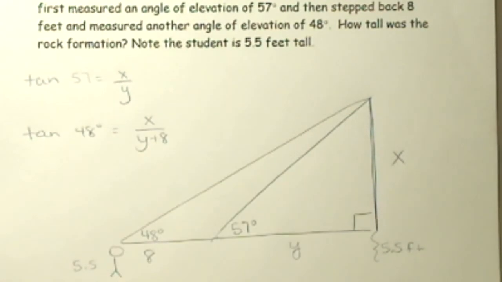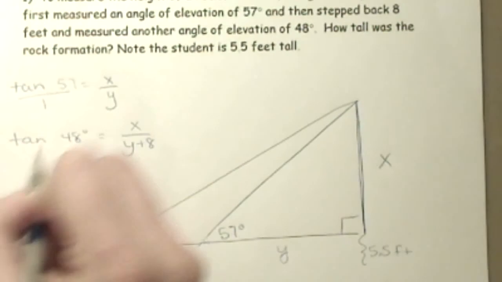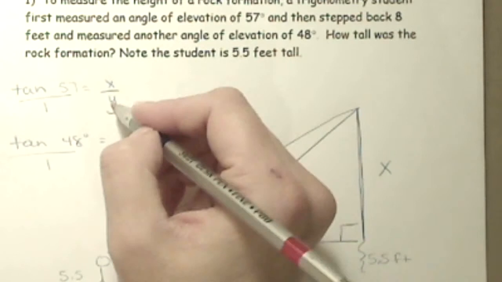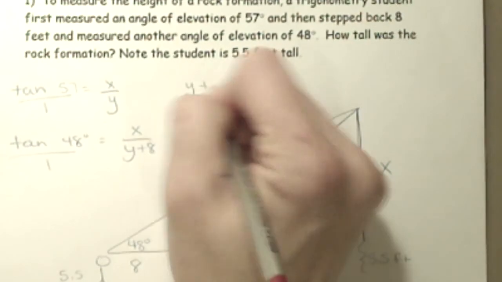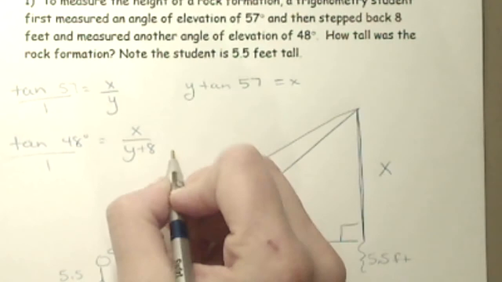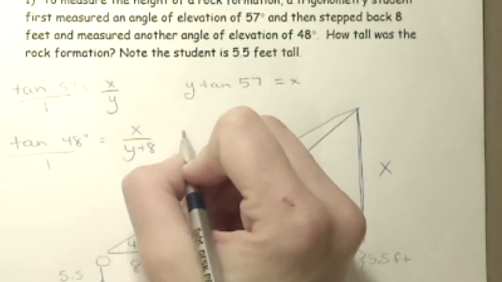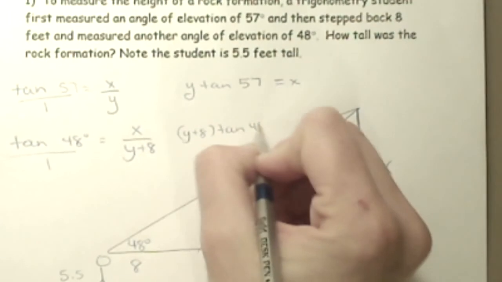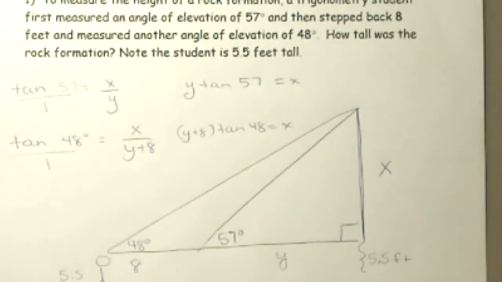If I cross multiply these two proportions, because trigonometry is nothing but similar triangles, I get y tangent 57 is equal to x, and for the second tangent equation, (y plus 8) tangent 48 is also equal to x.